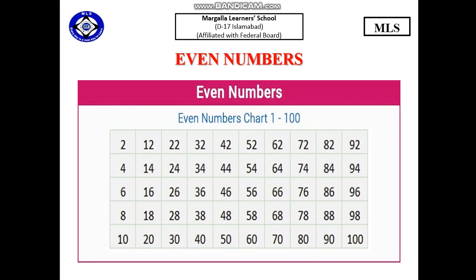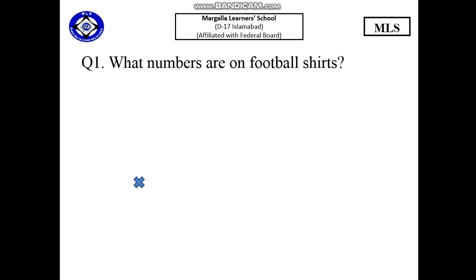Now that we are done with our topic, let's come to the exercise. You can look at the picture above and then answer the questions. Let's do it together. For example, the first question is, what numbers are on football shirts?